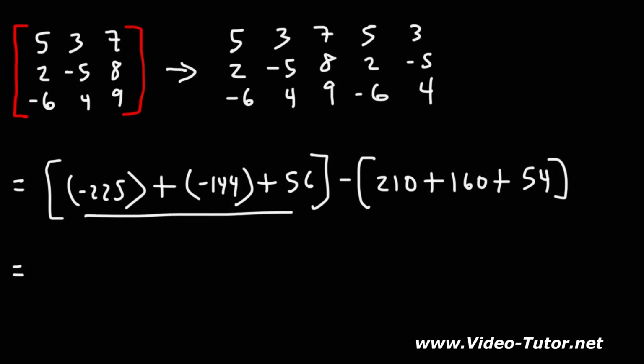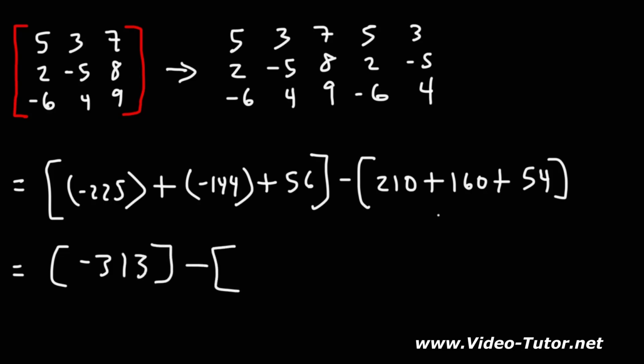So now let's add these three numbers. Negative 225 minus 144 plus 56. That's going to be negative 313. And then let's add those three numbers. So 210 plus 160 plus 54. That's 424.